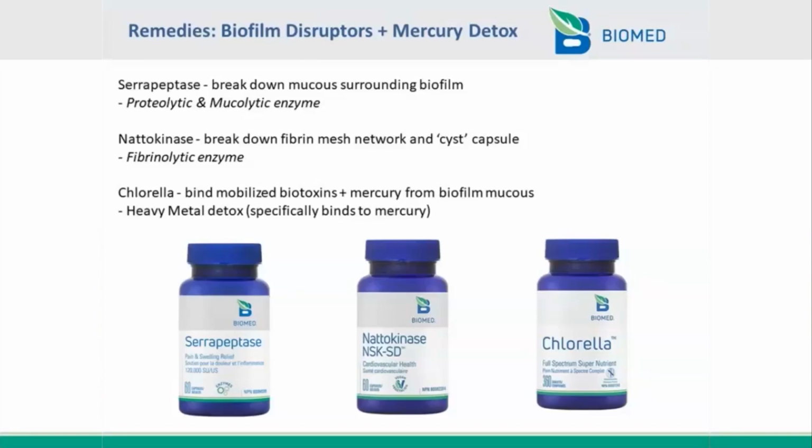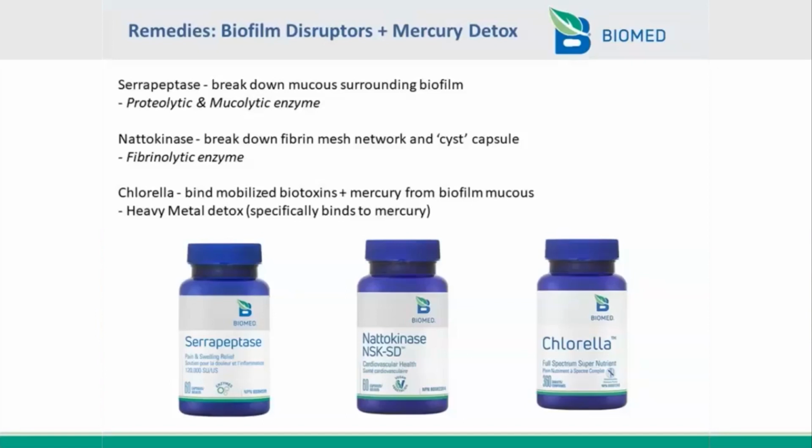So again, for allergies. And another really unique, cool thing about serrapeptase to keep in mind is serrapeptase even crosses the blood-brain barrier. So this is why it's important for Lyme disease and co-infections. And one of its most profound benefits is the ability to block the release of pain-inducing amines from inflamed tissues. So again, something to keep in mind.